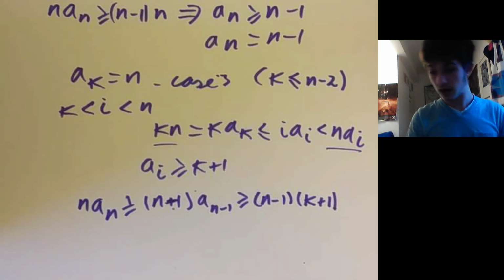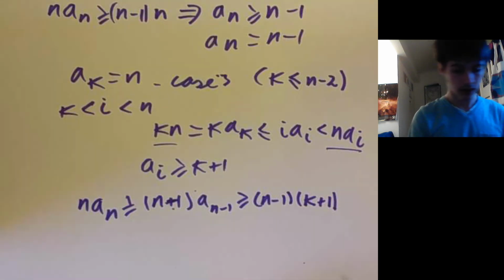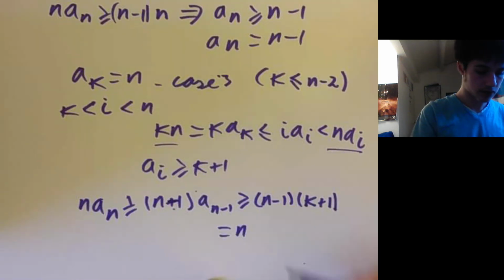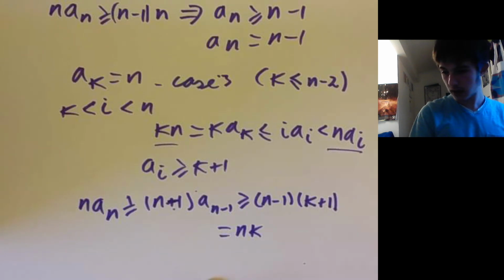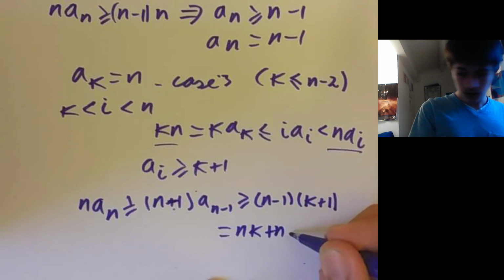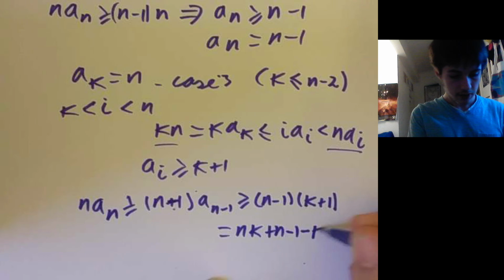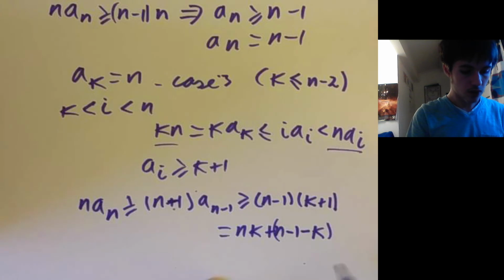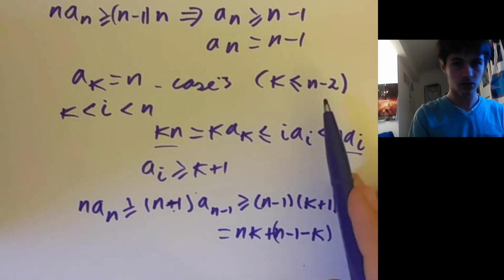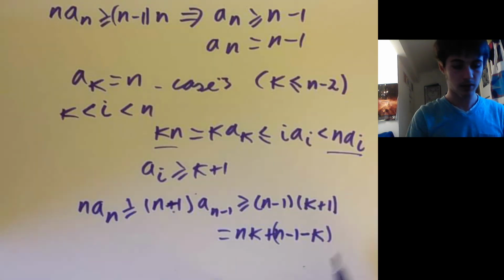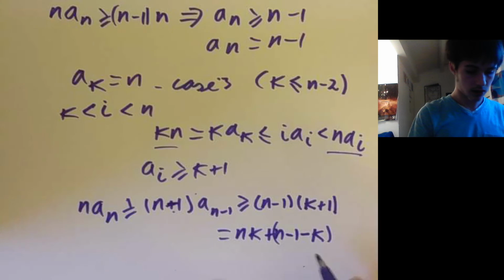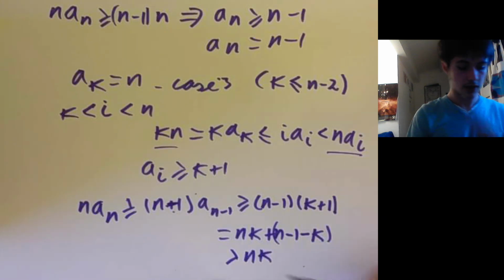We can multiply this out. It will be nk plus n minus 1 minus k. And because k is less than or equal to n minus 2, this is strictly positive, so this is bigger than n times k.